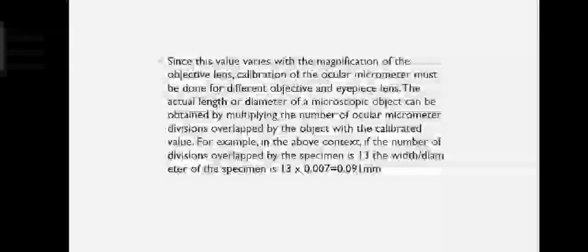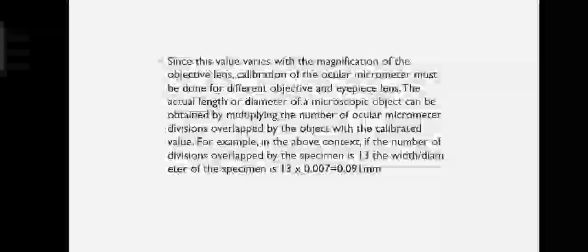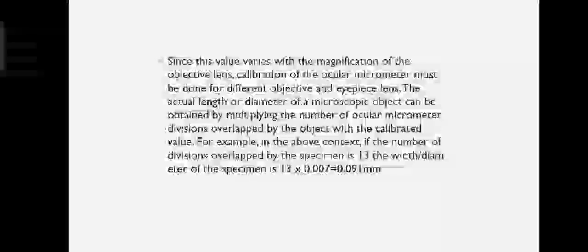Therefore, calibration is the process of determination of the magnitude of one division of the ocular micrometer at a particular magnification with the help of a stage micrometer. Here, the value of the ocular micrometer division is calibrated as 0.07 mm. Since this value varies with the magnification of the objective lens, calibration of the ocular micrometer must be done for different objective and eyepiece lenses.